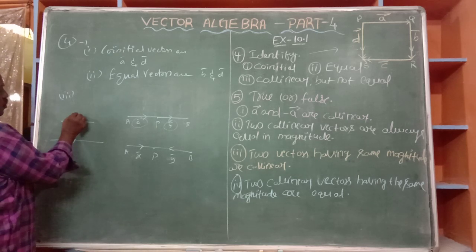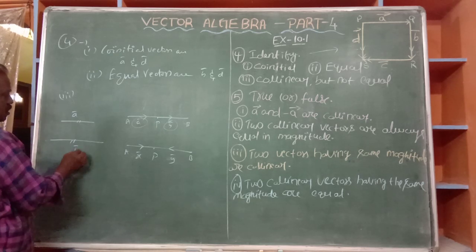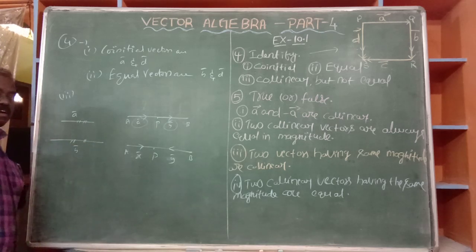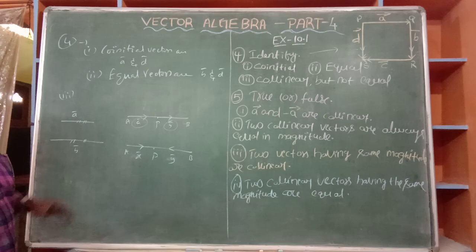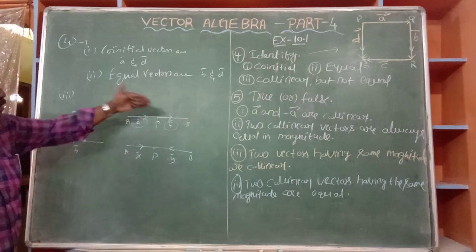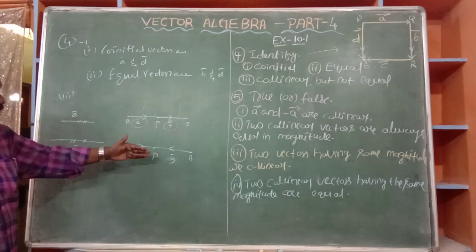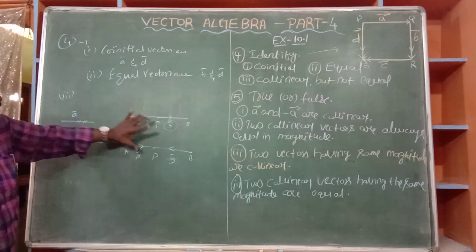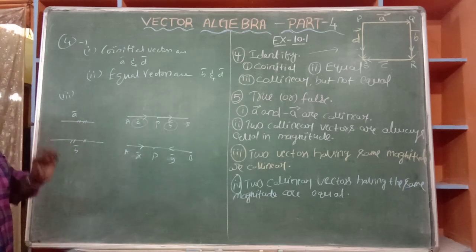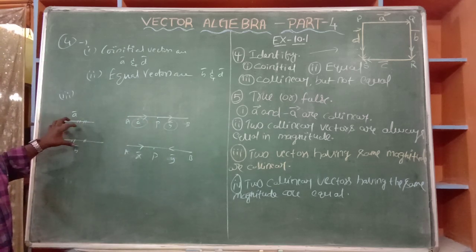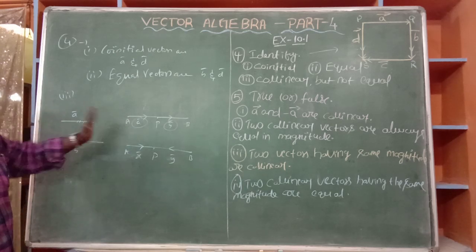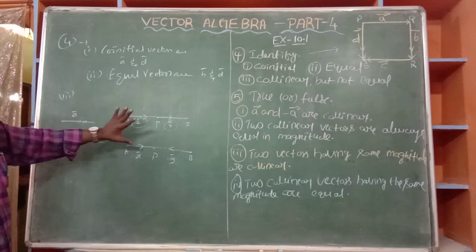Parallel vectors, suppose this is A bar and this is B bar. Parallel vectors mean their lines of direction are parallel. Here also A bar and B bar are parallel, but the difference is they are lying on the same line. Okay, don't confuse. But here it is different. It is a parallel vector. So there is some difference between parallel vectors and collinear vectors.